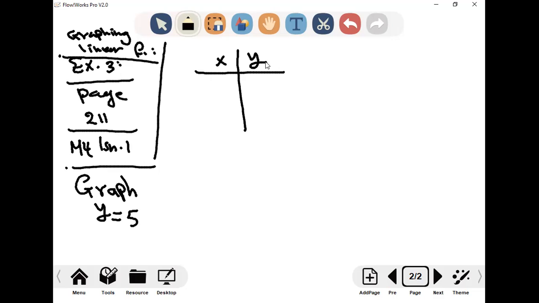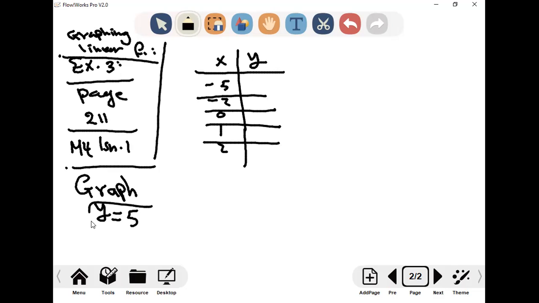Choose x: -5, -2, 0, 1, 2. Then put x in the function. Where is the function? This is the function. Yesterday we replaced x by the number and found the value.